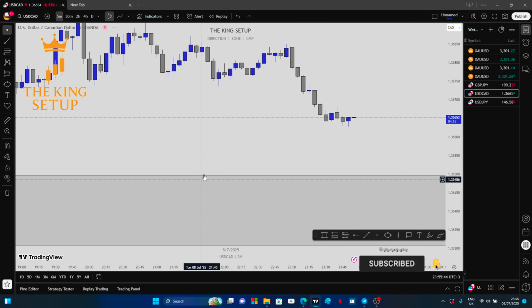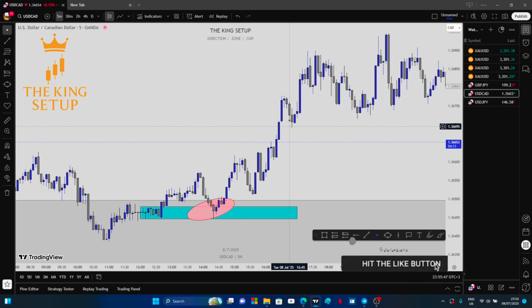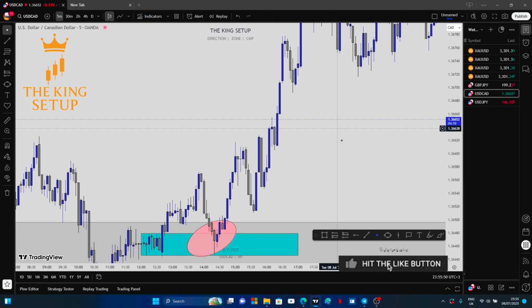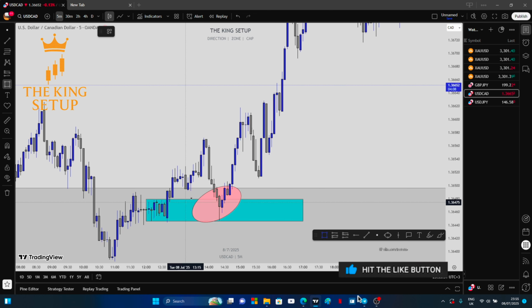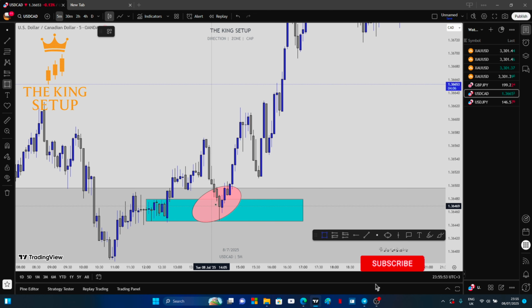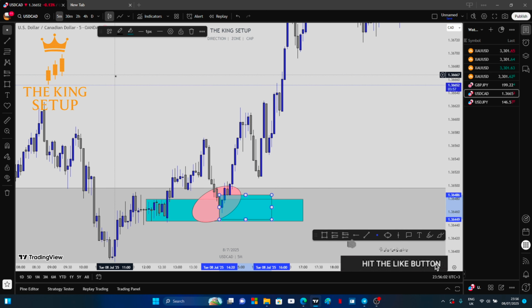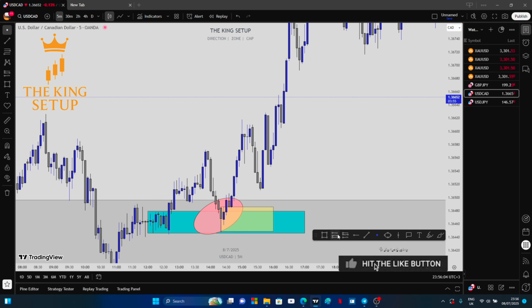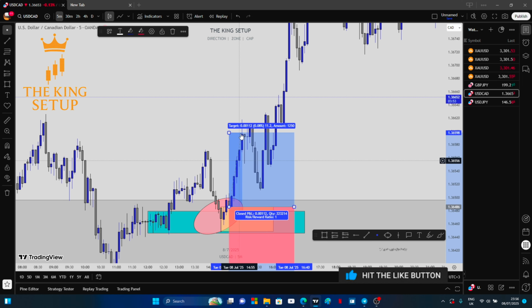We were supposed to see the market creating engulfing, and the first engulfing when the market touched this M30 zone was this engulfing on M5. We mark it yellow. That is how you could have taken that trade.